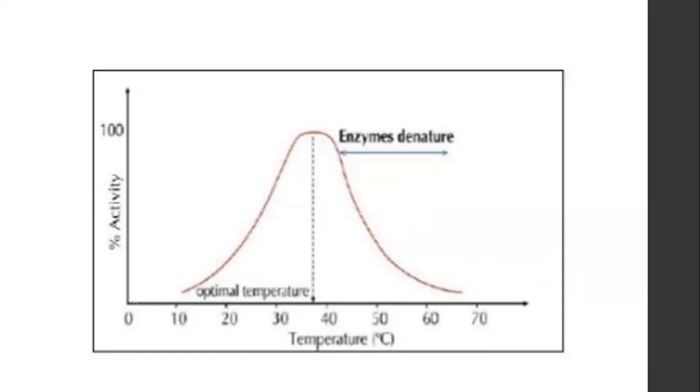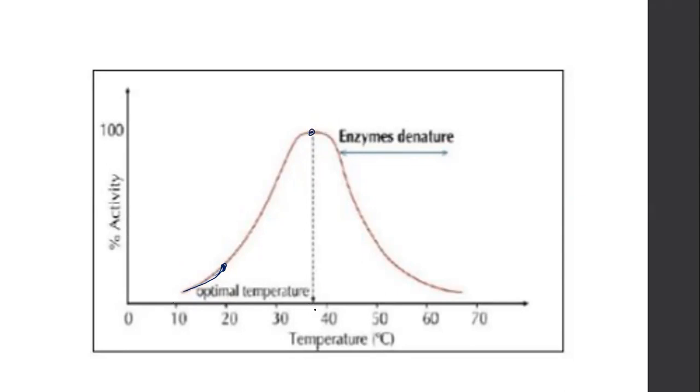We can see that within this interval, there is no percentage activity of enzymes, which means there are no enzymes working here. But between 10 and 20 degrees, we have at least 10%, maybe 20% of enzymes that can work at this point.